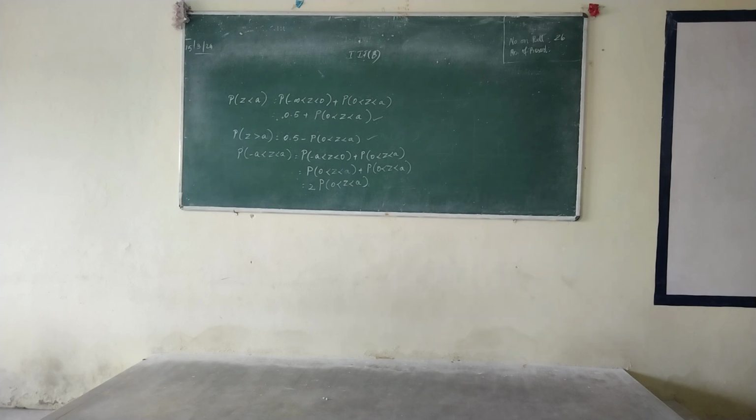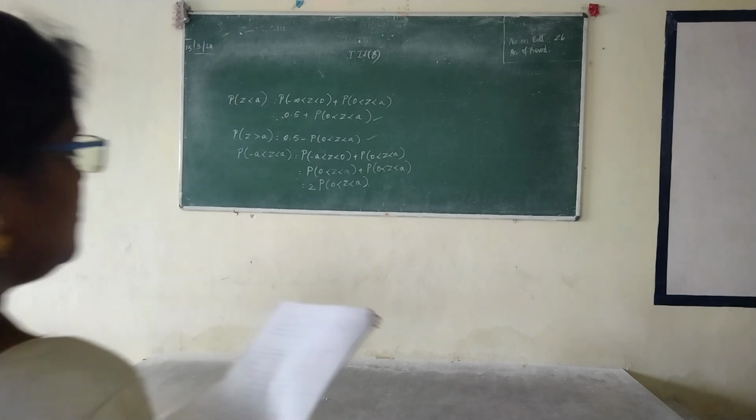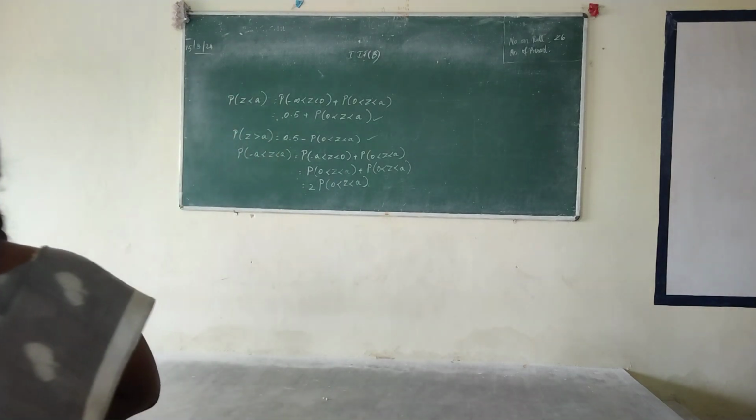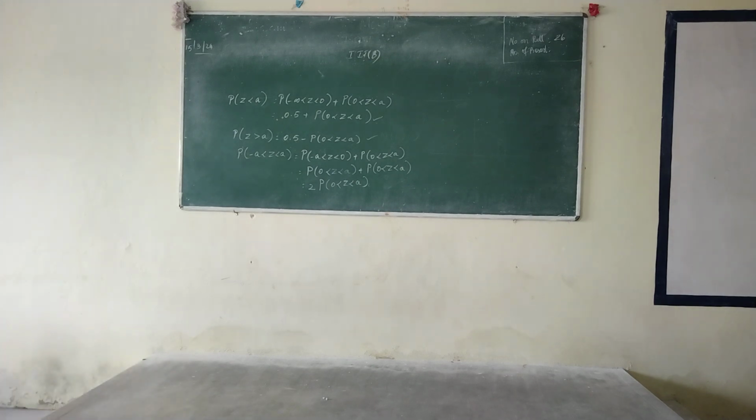So right, X is your normal variate with mean 30 and standard deviation 5.